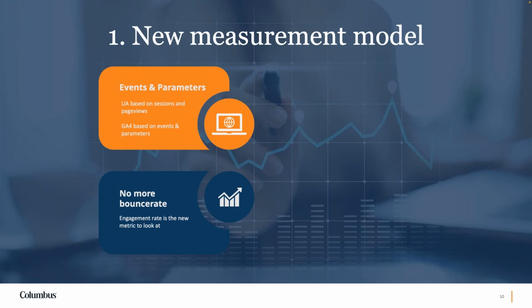And as I said, everything is based on events, and you can define any event in GA4 as a conversion event. In Universal Analytics, you could set up goals, and the equivalent in GA4 is conversion events, but it's much simpler now to set up your goals or conversion events.